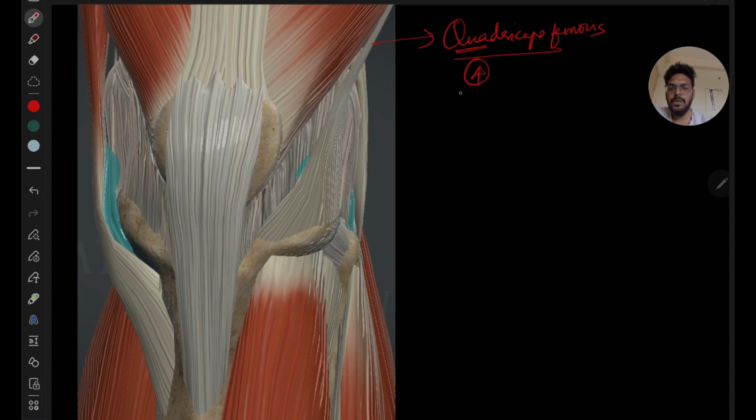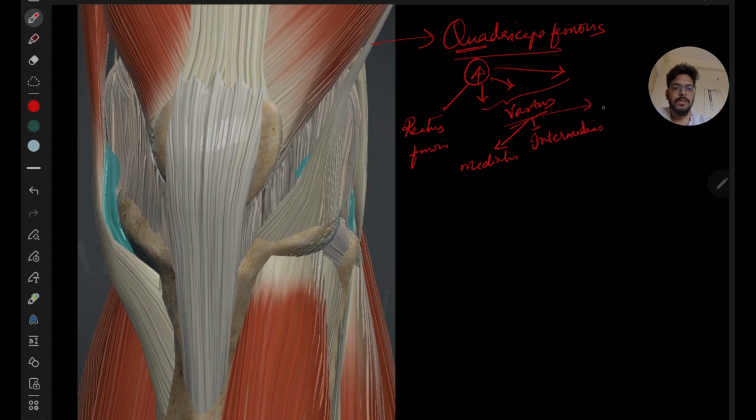Quadri means four. The first one is rectus femoris. Then all three are the vastus muscles. In this vastus, one is medialis, one is intermedius, one is the lateralis.